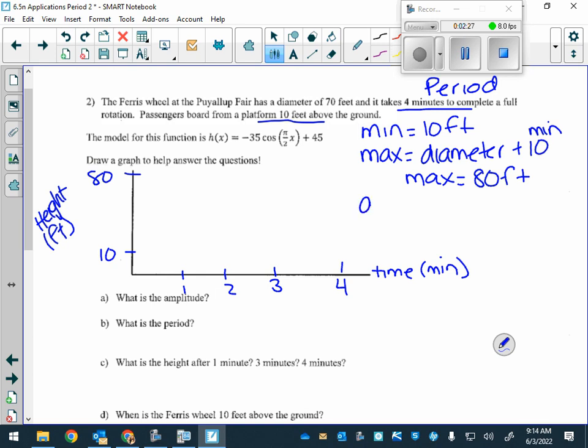And that is going to be our amplitude, right? Our amplitude is our radius. So we take our diameter and divide by 2, and that's how we get an amplitude of 35. So our amplitude is 35 feet.